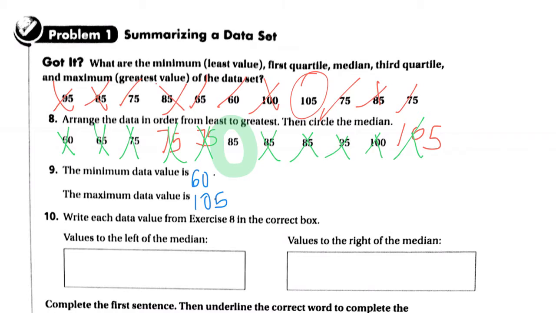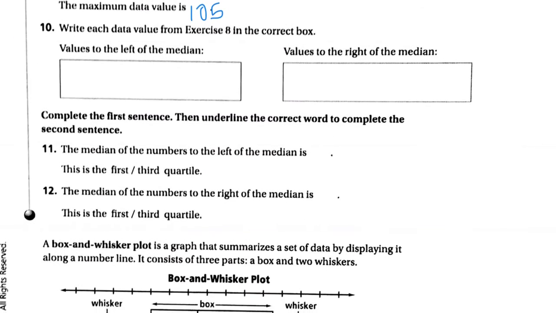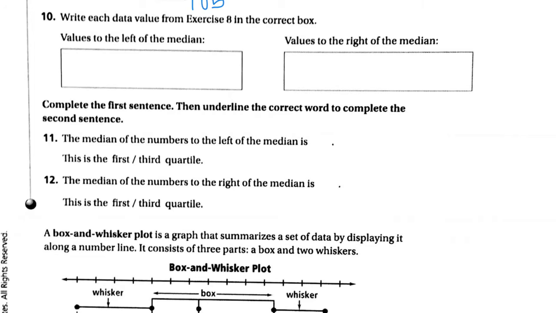Then it says write each data value from exercise 8 into the correct box. If we look down here at question number 10, it asks us to write each data value into the correct box. We had a median of 85, that was my middle number.